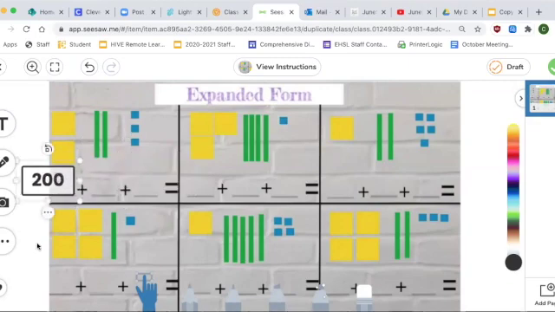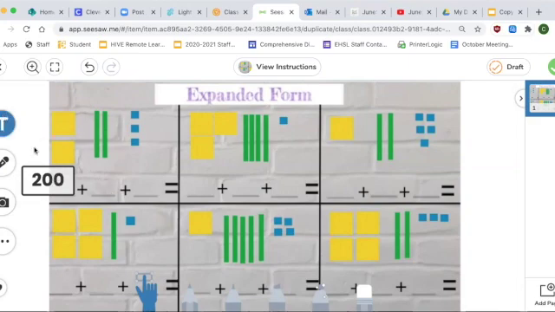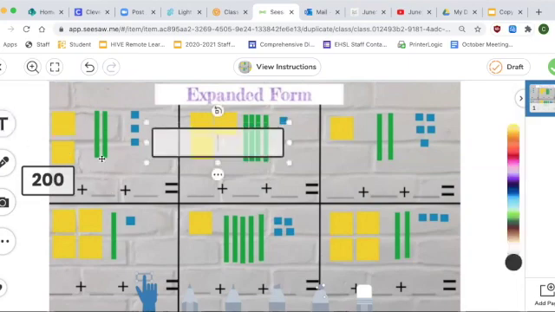Something that we've been working on is writing down the value of your numbers, and that's what this is practicing today. So I have 200s, I have 2 10s, and I know I can count by tens because those are friendly numbers, and that gives me 20.